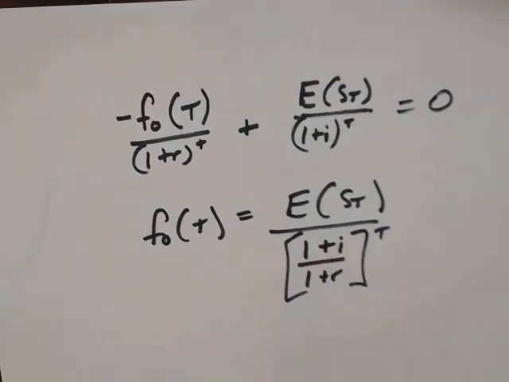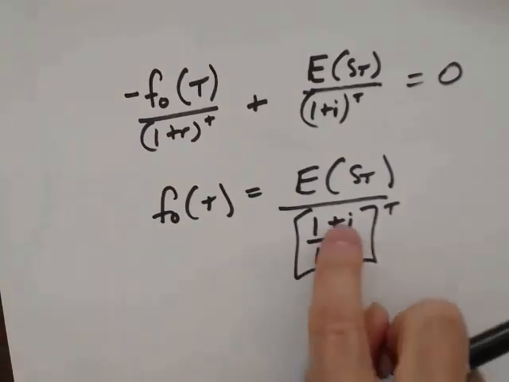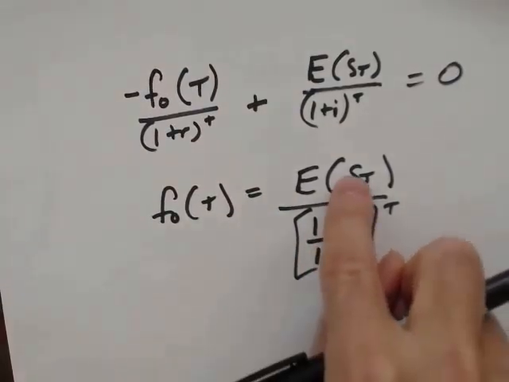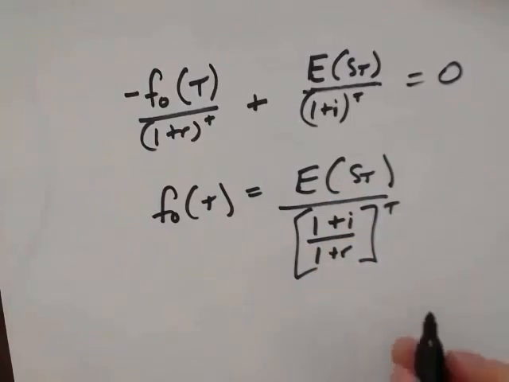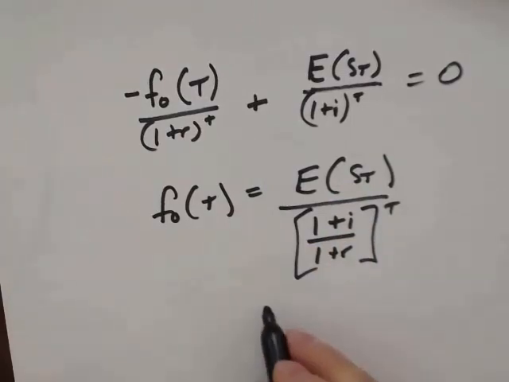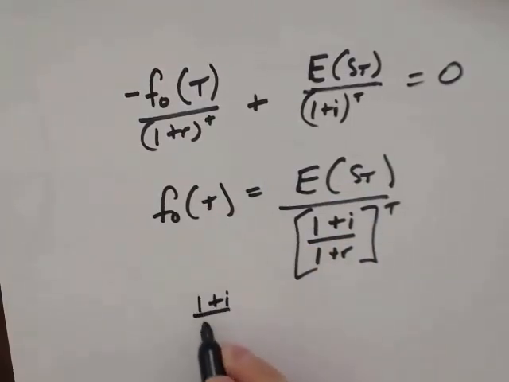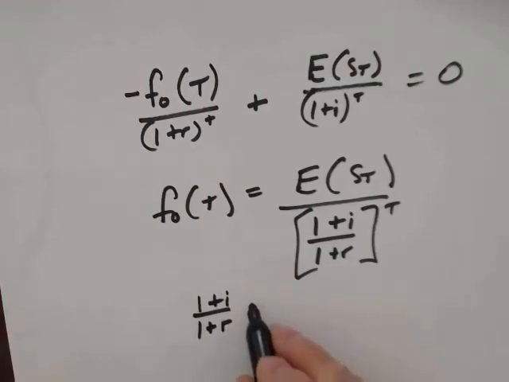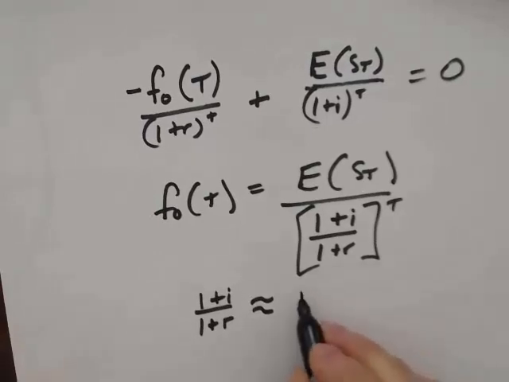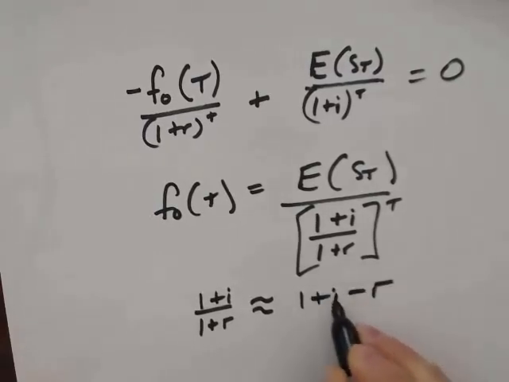Okay? Some people simplify this down because they don't like this division by division. And so if interest rates are low, you can just experiment with this on your calculator. If interest rates are low, then (1 plus I) divided by (1 plus R) is approximately equal to 1 plus I minus R. So you can play with that.